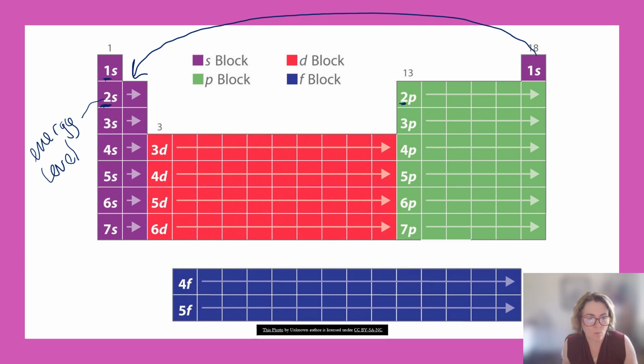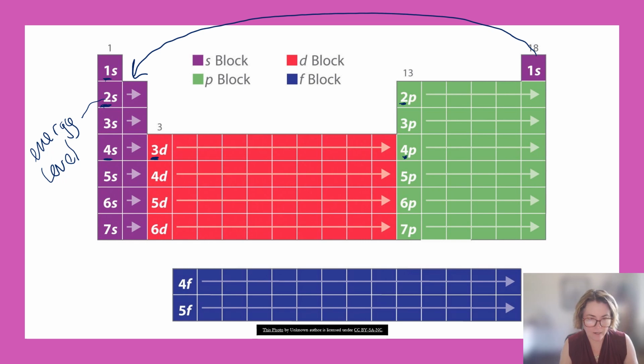One thing I want to point out that is just a little bit odd: if we go down to period 4, you'll notice that here we deal with 4S, and then we go to 3D, and then we go to 4P.